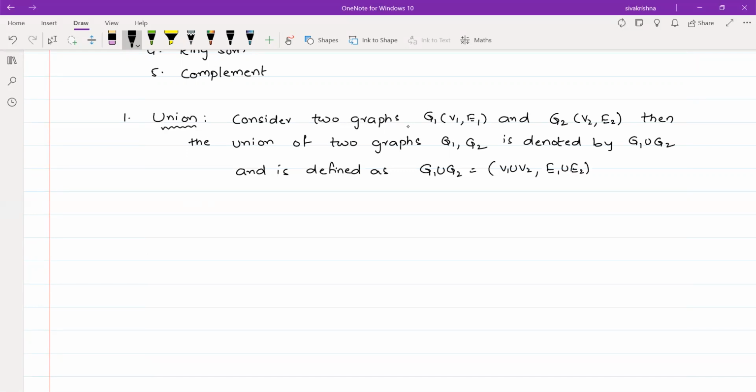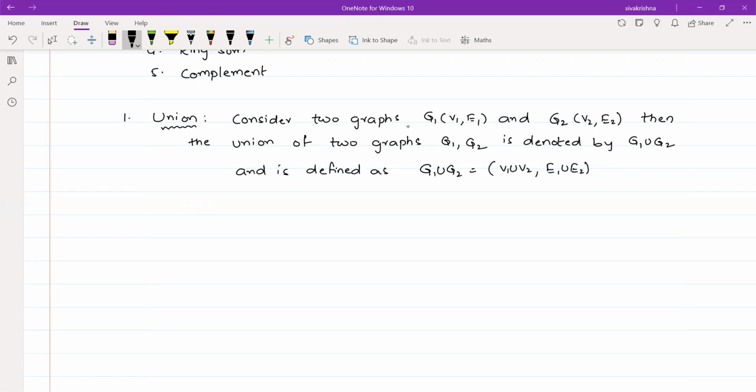Okay, so I have defined the union of two graphs in this way. So it means we have to combine both the vertices set and the edges set in the graphs G1 and G2 to get the graph G1 union G2.